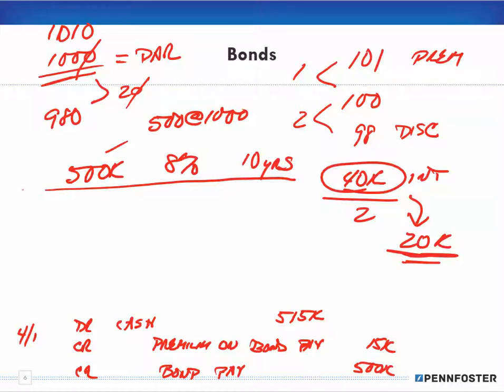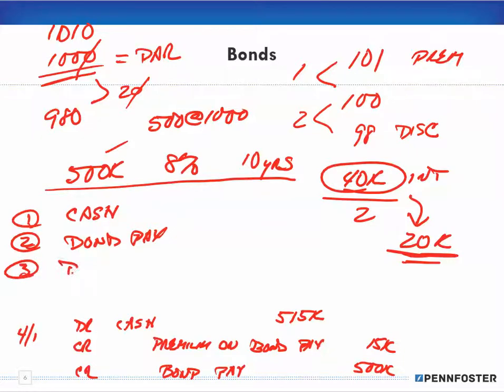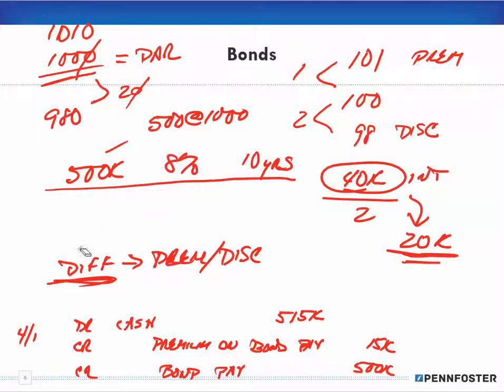Like a three-step process. 1, book the cash. 2, book the bond payable, and then 3, the difference is your premium or your discount. All right, and you're backing into that portion of the journal entry. So you've booked the actual bond itself.